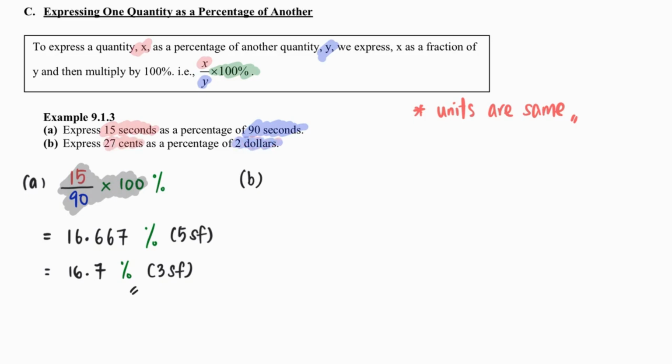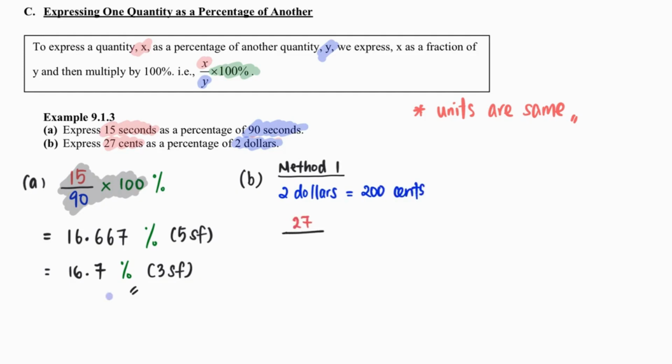The very first thing, there are two methods I'm going to share with everyone here. So for method 1, I'm going to have the $2, sorry, convert it to 200 cents. And I can then find the percentage rather easily.